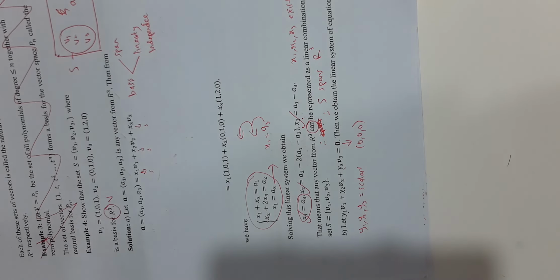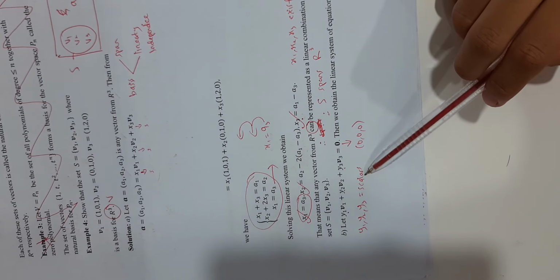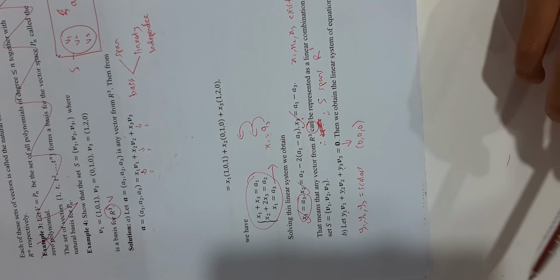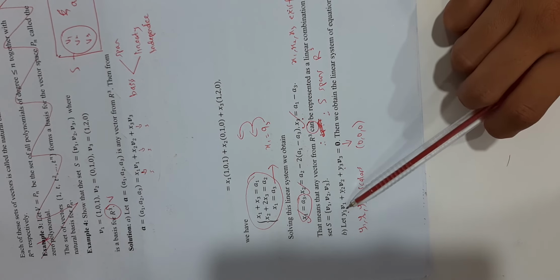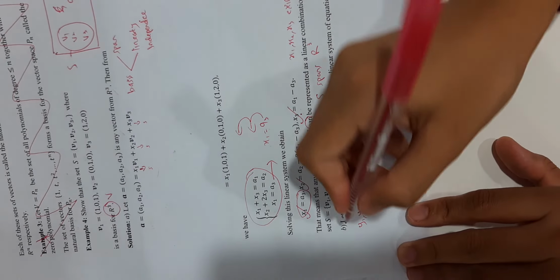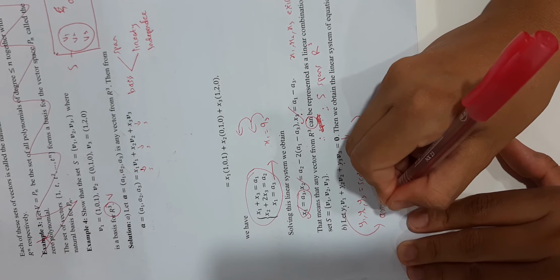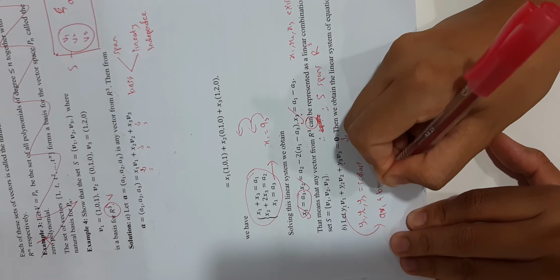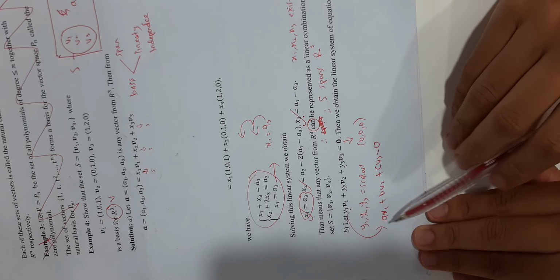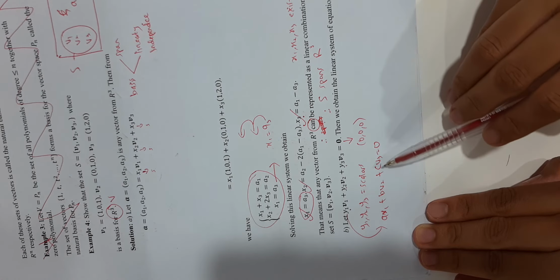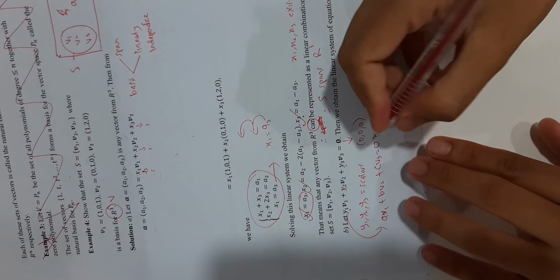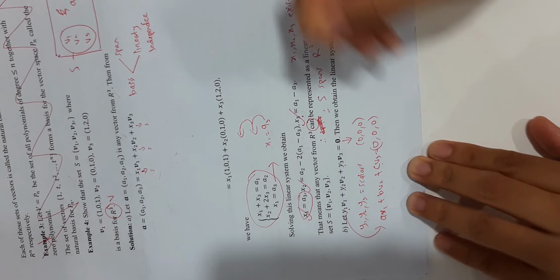I personally like to use letters like A, B, C, D for scalars, so that it is easy to distinguish whether we are working with vectors or scalars. So in this case, I prefer to write it as A v1 plus B v2 plus C v3 equals (0, 0, 0). Now you can easily see that A, B, C are scalars and v1, v2, v3 are vectors.